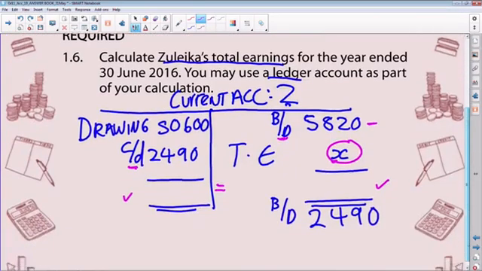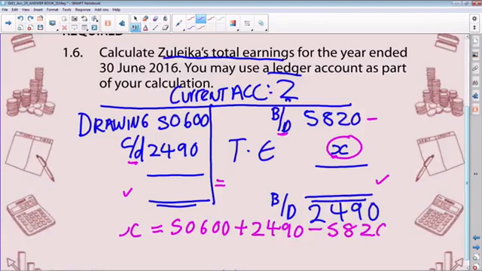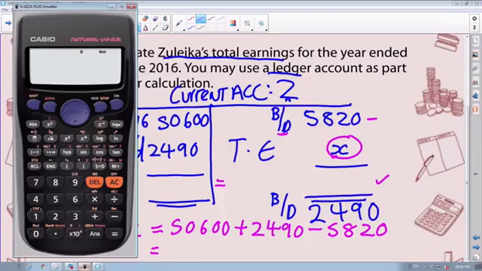So let's do that. X is equal to 50,600. We're now adding 2,490, and we're subtracting 5,820, and that gives us, let's take the calculator out.